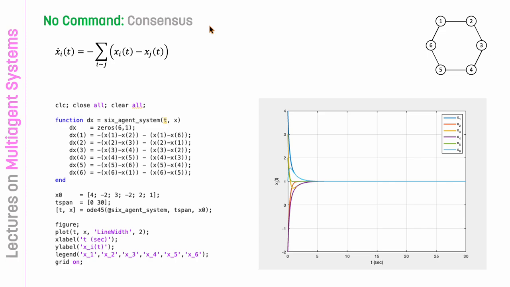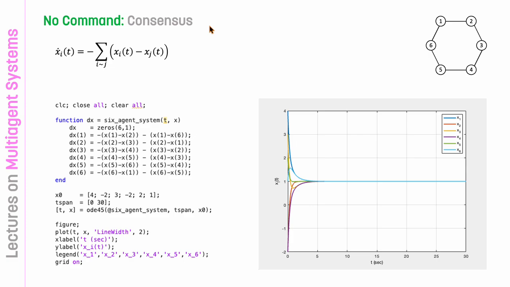Hello, everyone. All right. In the last lectures, we saw that we are dealing with a multi-agent network. For the consensus problem, we saw that there are no external commands, and for the synchronization problem, there is one external command.